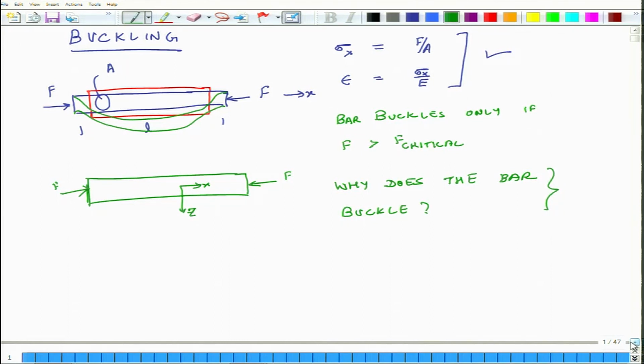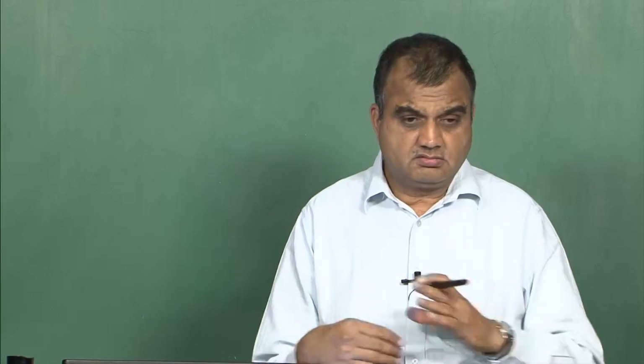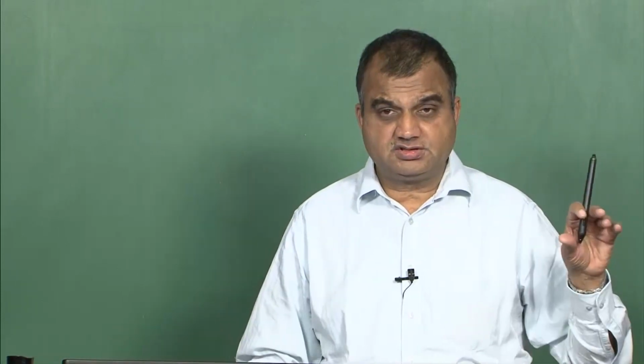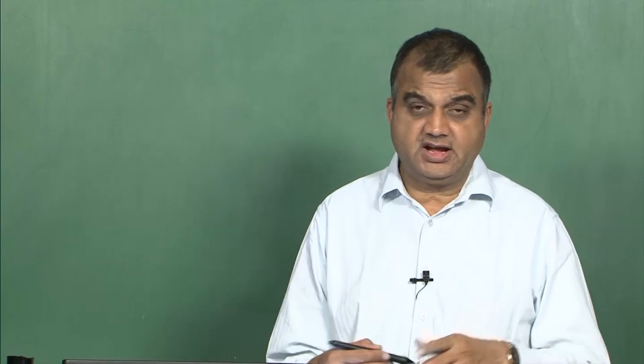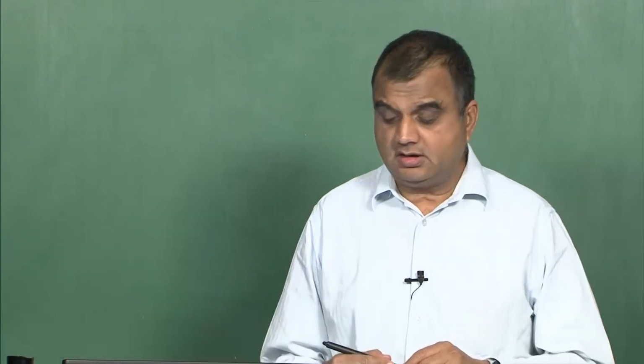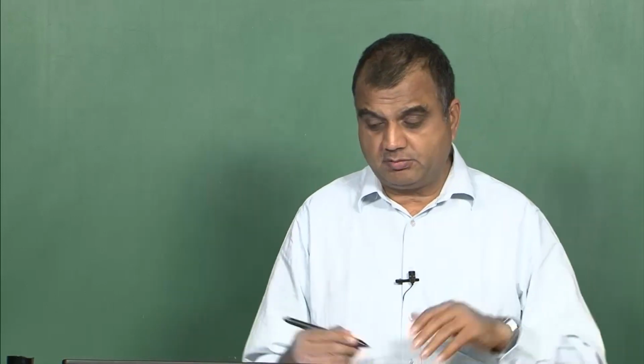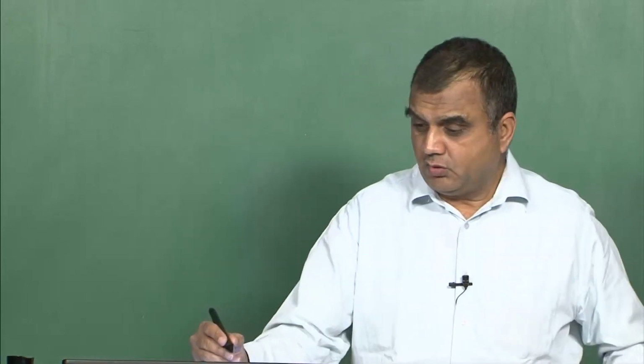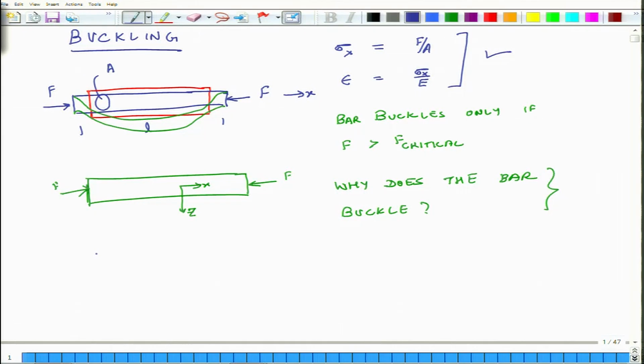The answer is that if the bar was perfectly straight and had homogeneous properties, and the force being applied was perfectly at the center of the bar, and the bar was not getting disturbed by air or anything external, then the bar would never buckle. So this is an ideal bar. What is an ideal bar?